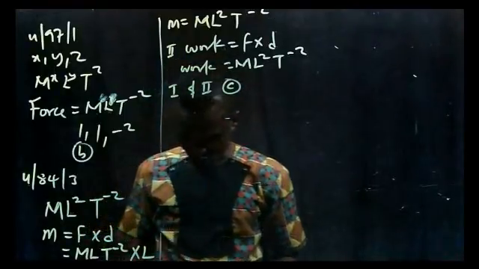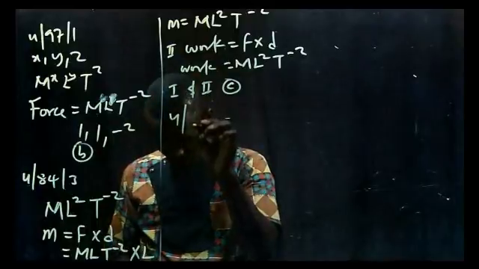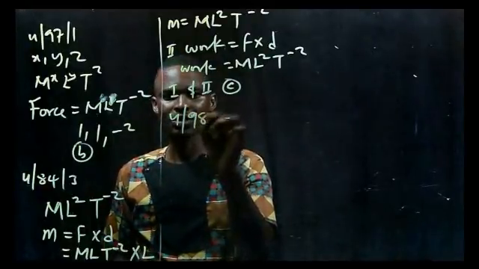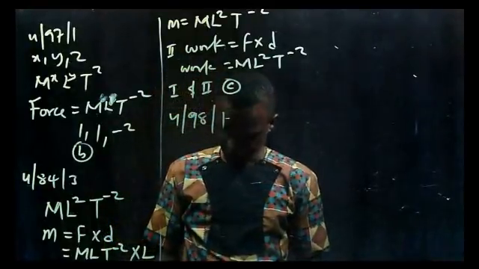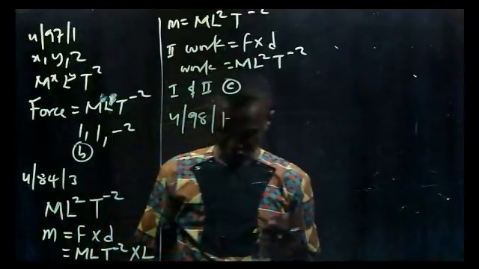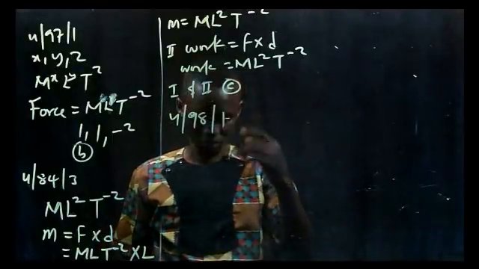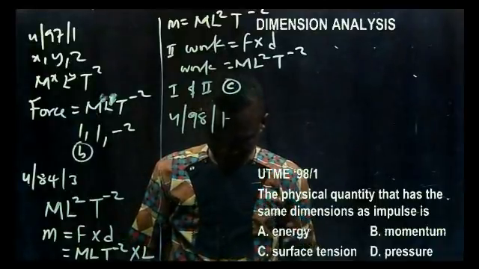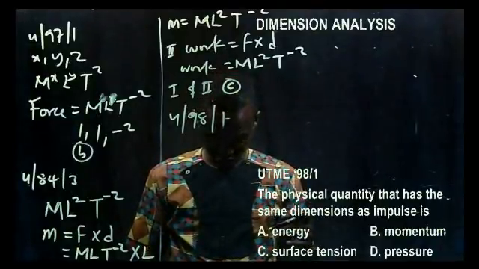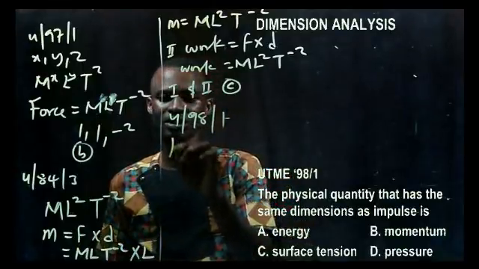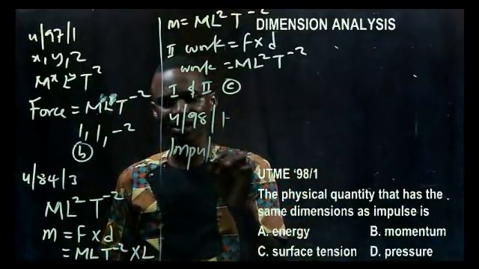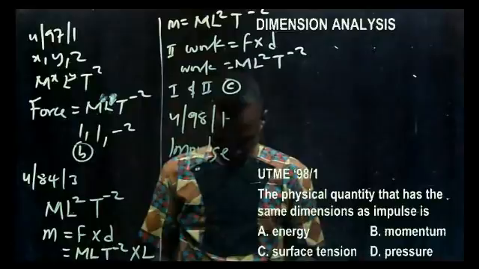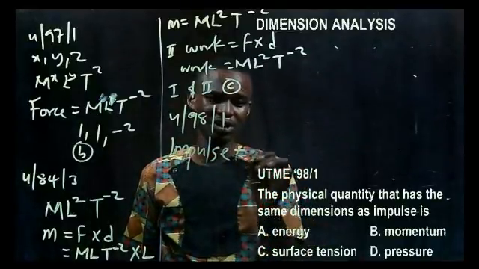Now the next one we have here is UME 98, question 1. Don't forget we are still on topic 1, which is measurement and unit. The physical quantity that has the same dimension as impulse is, now if you remember in our early videos, impulse is change in momentum.